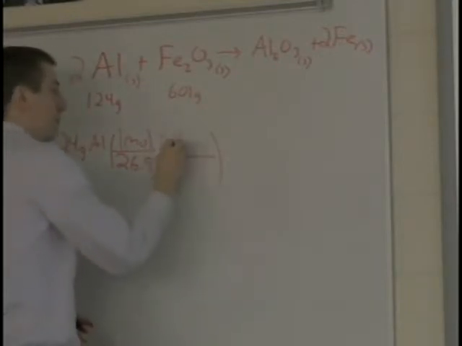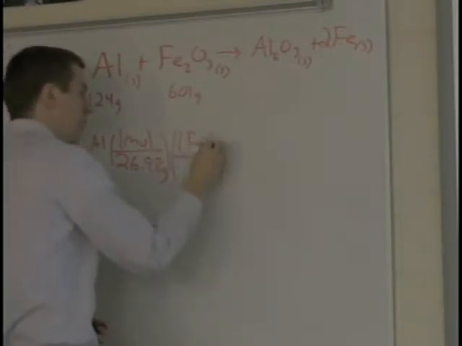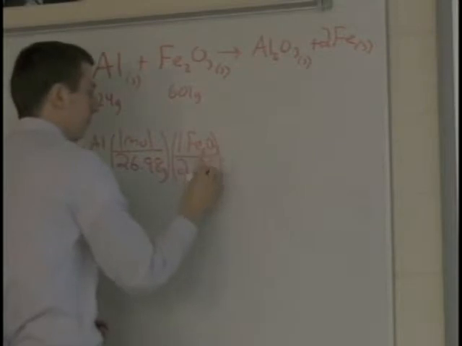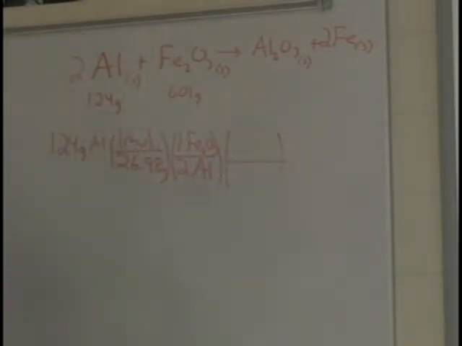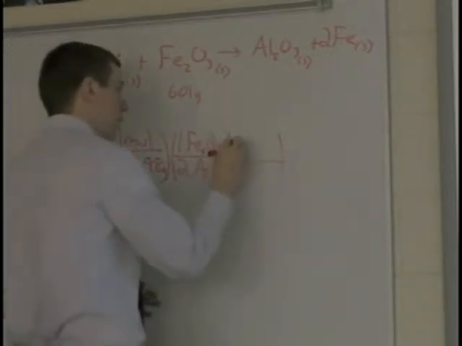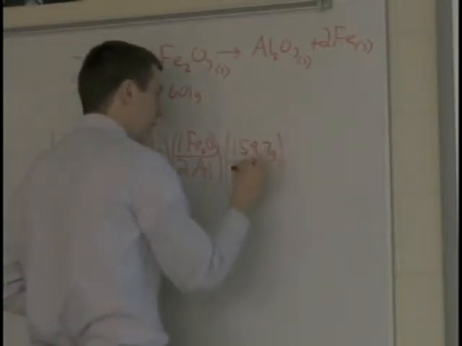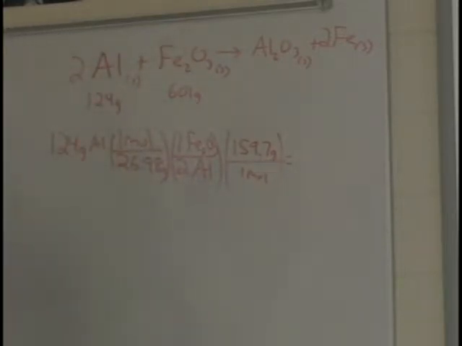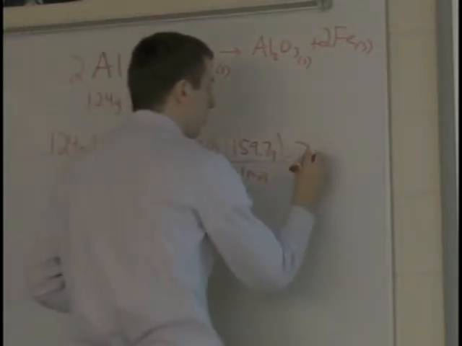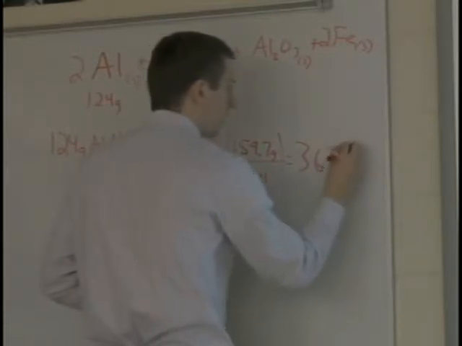My second step is that there's 1 Fe2O3 for every 2 Als. My last conversion is that there's 159.7 grams in 1 mole. If I do these 3 steps, I end up getting 367 grams of Fe2O3.